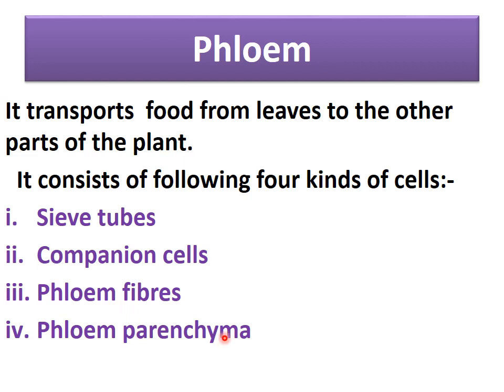The last two are similar to xylem, we just substituted phloem for xylem: xylem fibers and xylem parenchyma, but in phloem it is phloem fiber and phloem parenchyma. The difference comes in the first two. Sieve tube, companion cell, phloem fibers and phloem parenchyma are the four elements of phloem. Now we will study each one in detail, one by one.